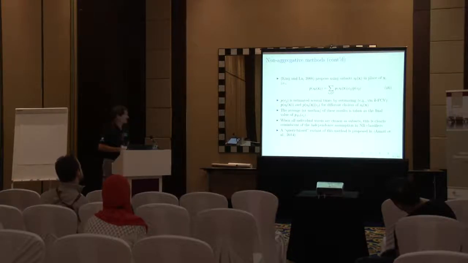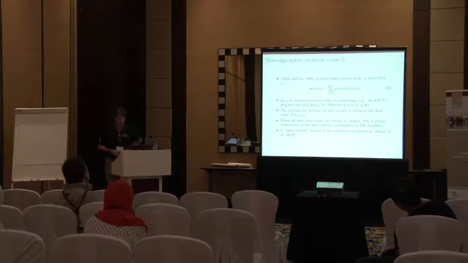Suppose that as subsets you take subsets of length 1. This is clearly reminiscent of the Bayesian independence assumption that we make in naive Bayes classifiers. This is a method that I discovered fairly late.